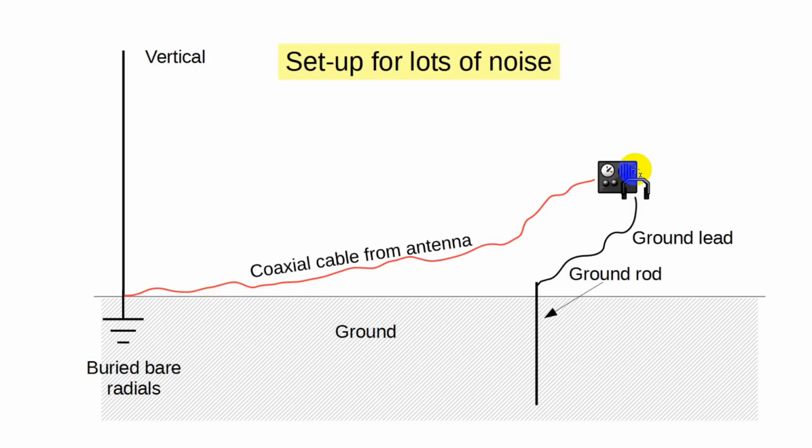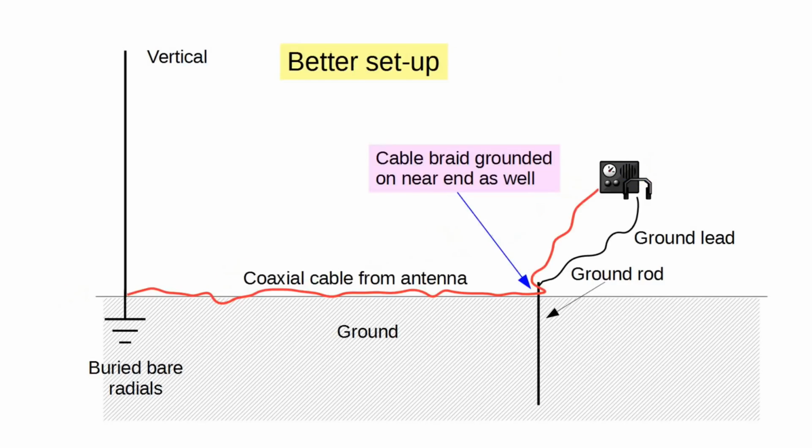The antenna was unusable because of the noise. It was just unbelievable. So I grounded the cable braid near the ground rod here. So this cable here was grounded on both ends, and then this came up the inside to the radio, and oh my goodness, what a difference. An amazing difference between the two.